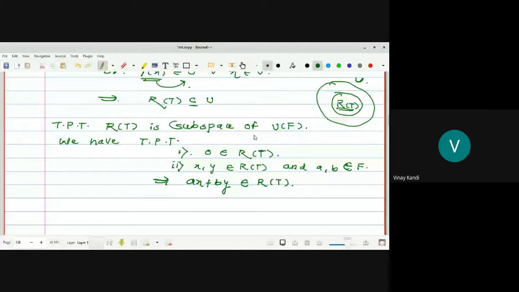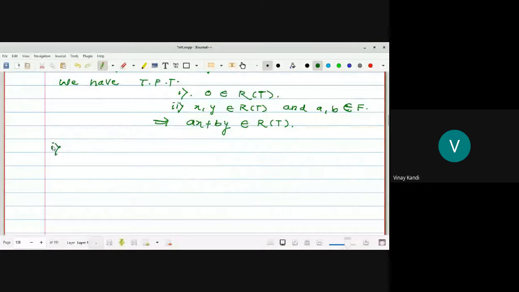Now look at the proof. First condition. What is the first condition? 0 belongs to R of T. By the property of linear transformation, we have T of 0 is equal to 0.